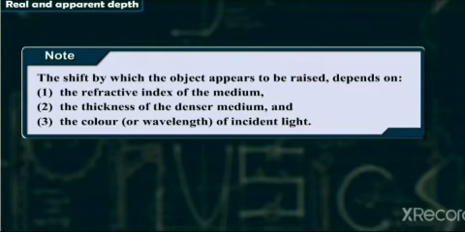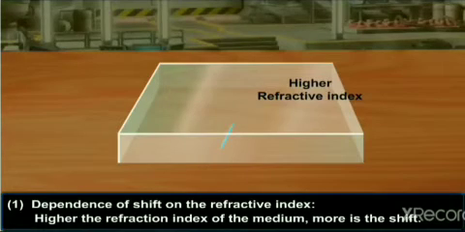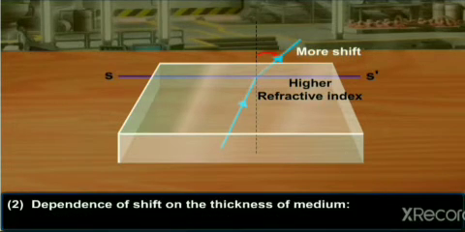The shift by which the object appears to be raised depends on 1. the refractive index of the medium, 2. the thickness of the denser medium, and 3. the color or wavelength of incident light. 1. Dependence of shift on the refractive index. Higher the refractive index of the medium, more is the shift. 2.